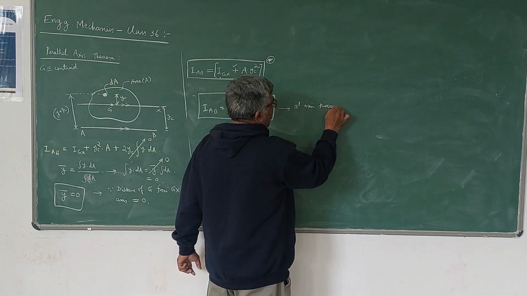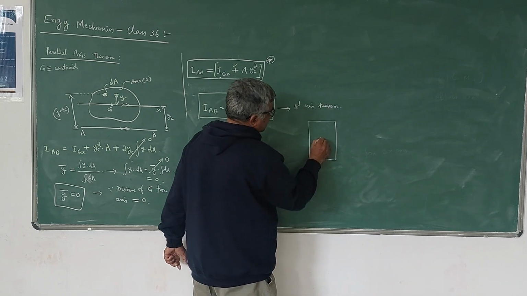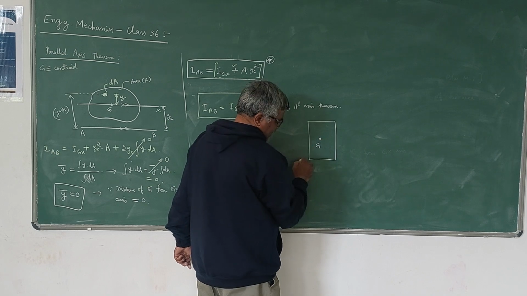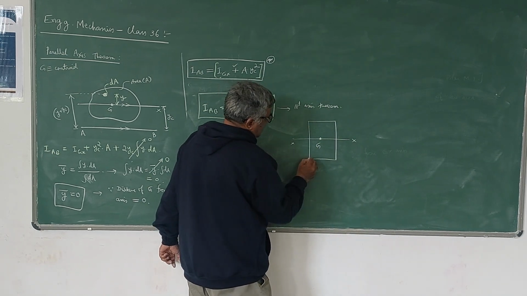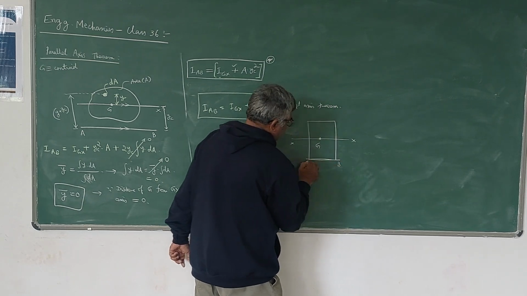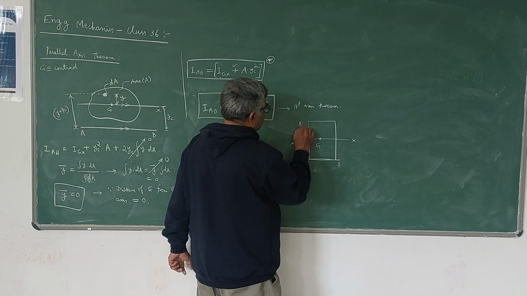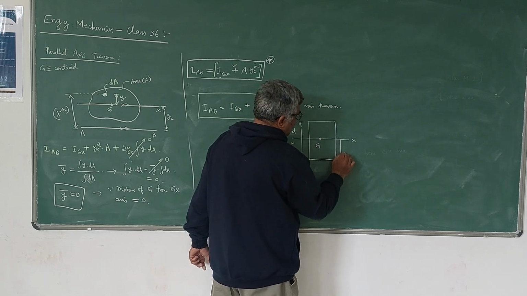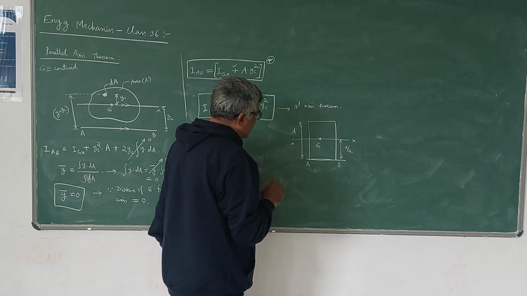This is used to find the moment of inertia. For example, I will take a rectangular section. I know the centroid is here. This is your x-axis, and this is your AB axis. Suppose the total depth is D, then this becomes D by 2 because the centroid lies at the geometrical center.